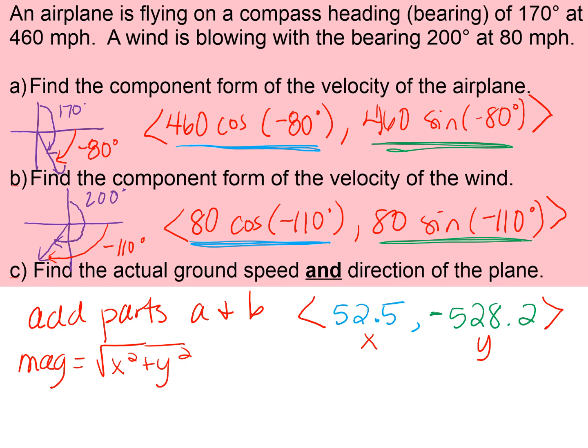All right, so I came up with 530.8 miles per hour. Hopefully you did as well. All right, and the other thing we need to find is the direction of the plane. And since it says direction, I'm just going to find the direction angle. I'm not sure if the back of the book does direction or bearing.